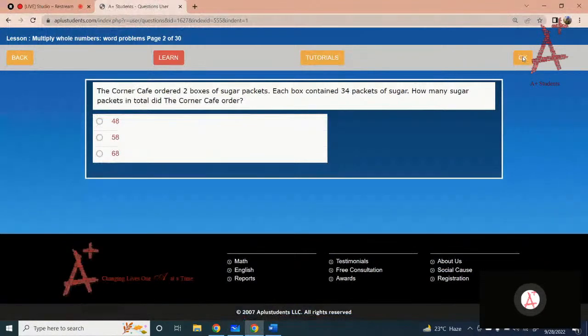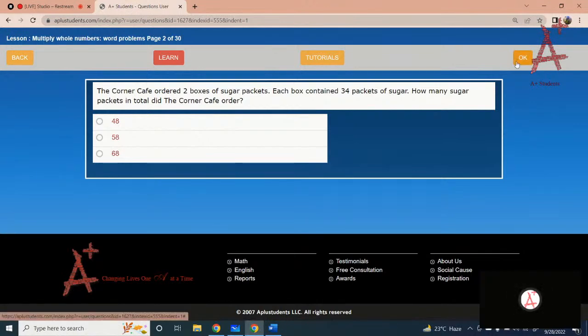Okay, the next one is: the corner cafe ordered 2 boxes of sugar packets. Each box contained 34 sugar packets. How many sugar packets in total did the corner cafe order? So they ordered 2 boxes, and in one box they have 34 packets.